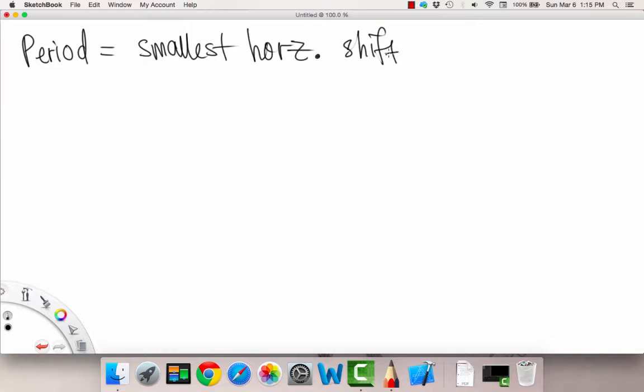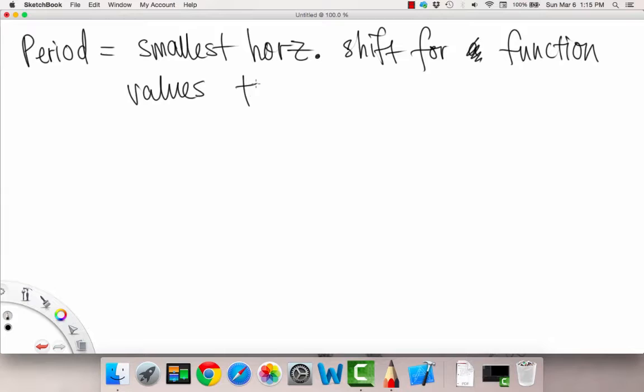Okay, so let me just recap a little bit. A period, formally, is the smallest horizontal shift for a function, we could actually say for function values to repeat their pattern.